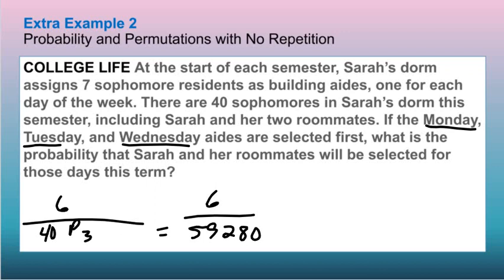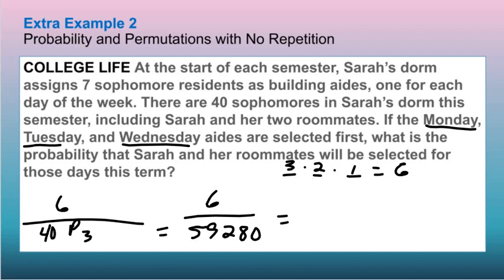How did I get 6? Because 3 of them have a possibility of being on a Monday, that means there's 2 left for here, there's 1 left here. That will give us a total of 6. I'm just using the factorial, 3 factorial.